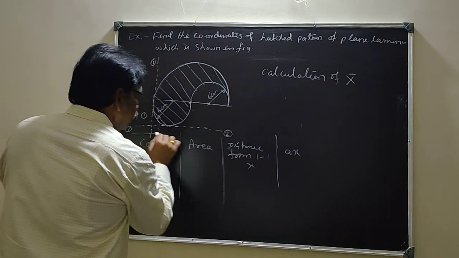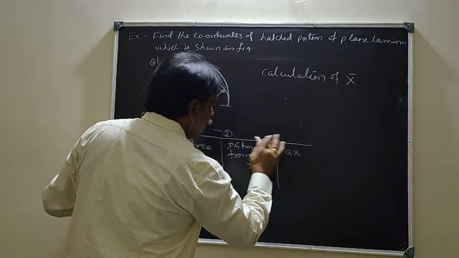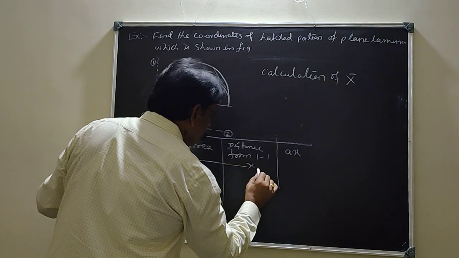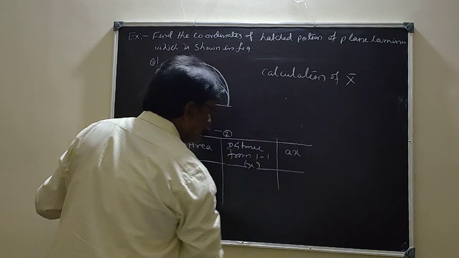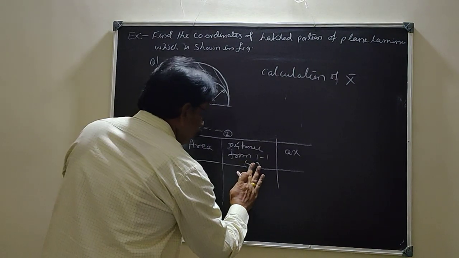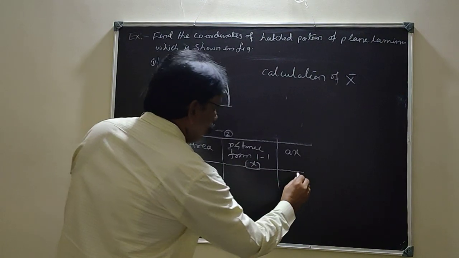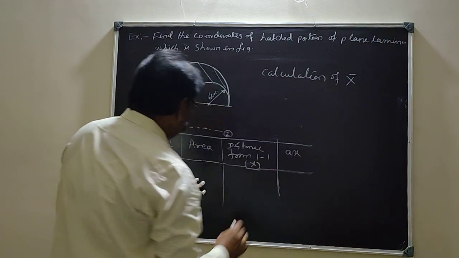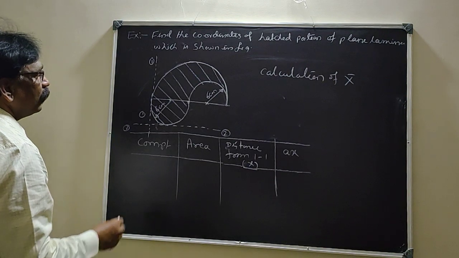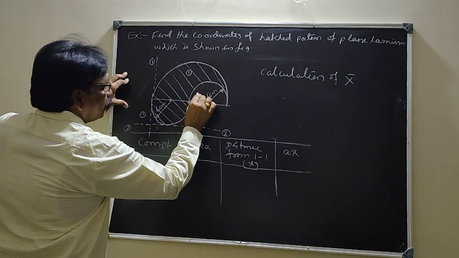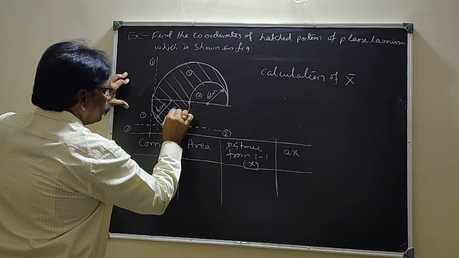So we will make this problem into 2 problems, so that it will be simplified, or otherwise there will be confusion to understand this. Now the components are, let me take this bigger semicircle as 1, this is 2 and this is 3.